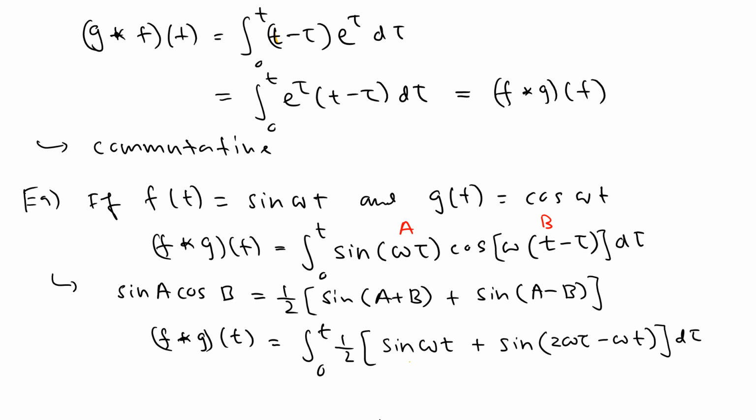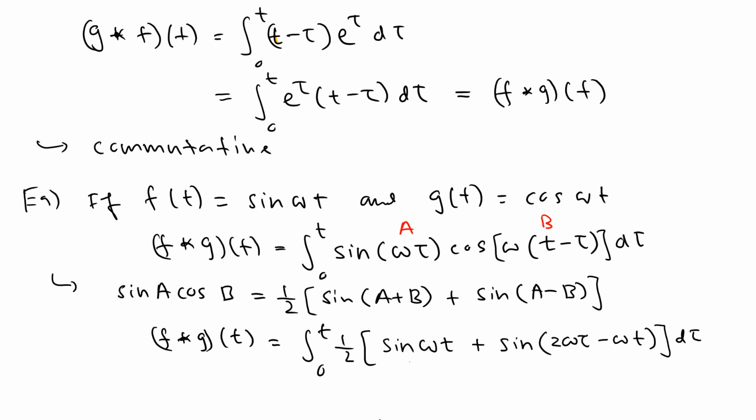So this is very easy to integrate. If you integrate this one, what do you get? Let's write that. I'm writing it here just to make it easy to compare. This omega is a constant, so in the first one, this is omega t, because you are integrating with respect to tau.